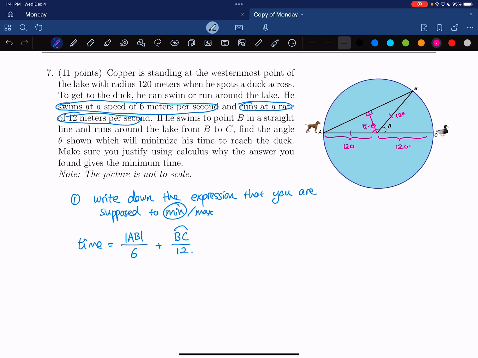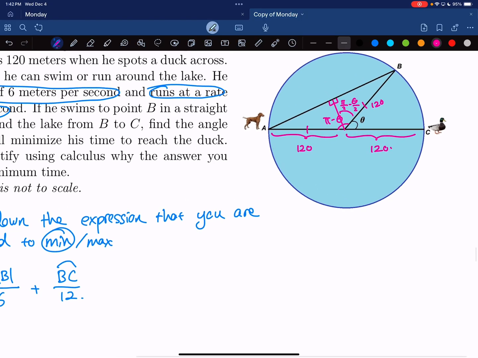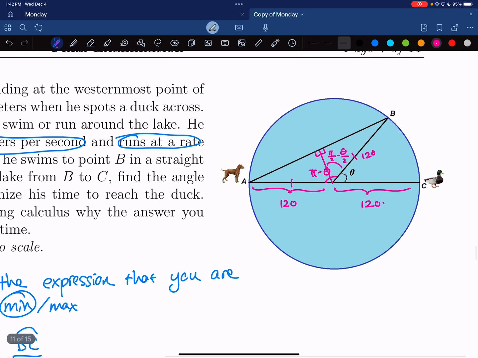For each of these right triangles, the angle is going to be half of this pi minus theta. So the angle here is going to be pi over 2 minus theta over 2. Let me just zoom in a little bit more. Does that make sense?